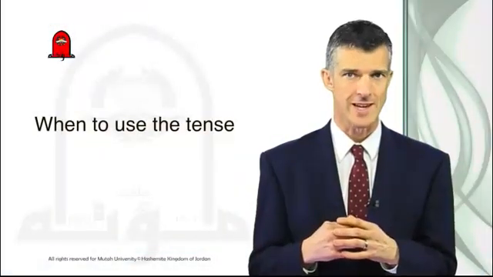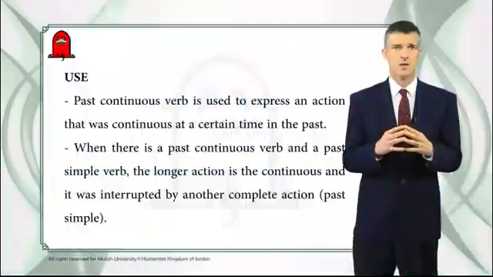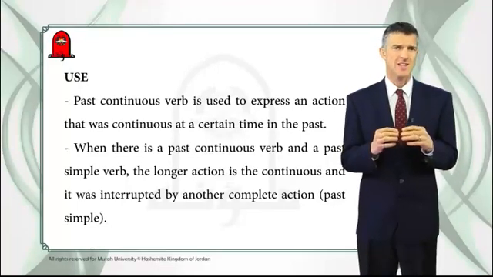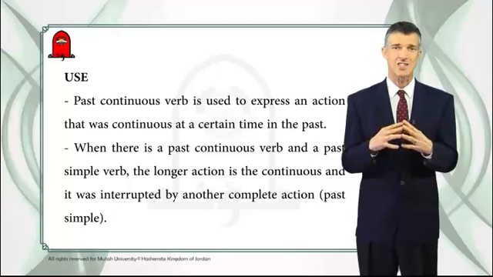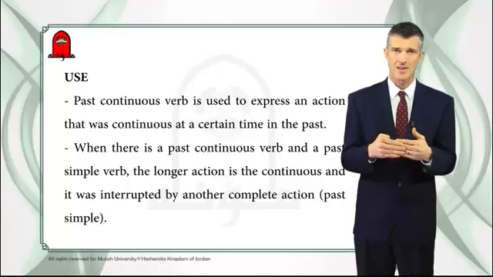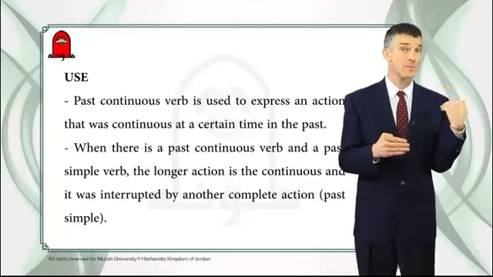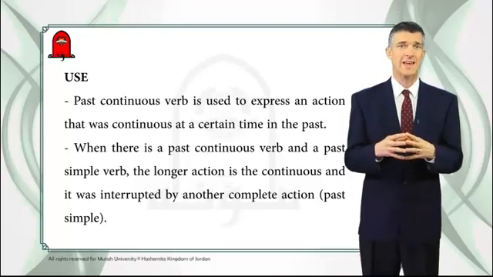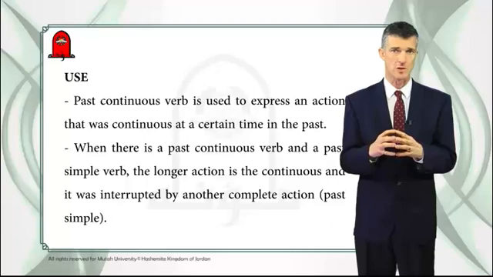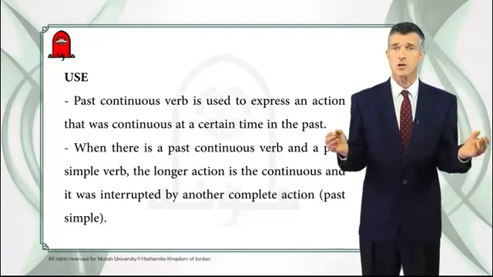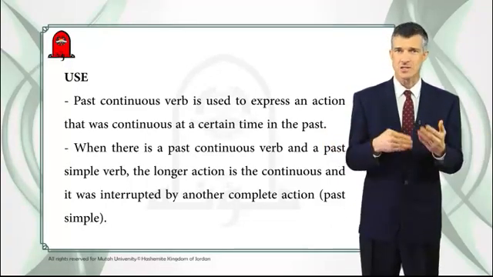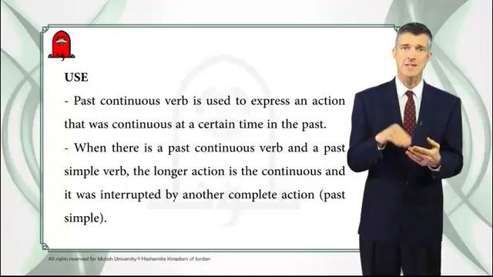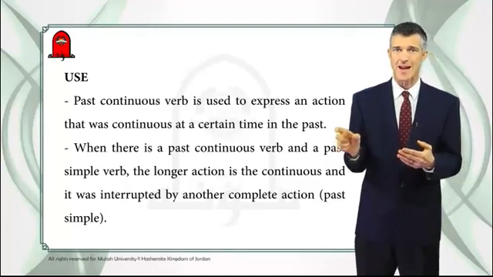When to use the tense? Use. Past continuous verb is used to express an action that was continuous at a certain time in the past. When there is a past continuous verb and a past simple verb, the longer action is the continuous, and it was interrupted by another complete action, which is the past simple.